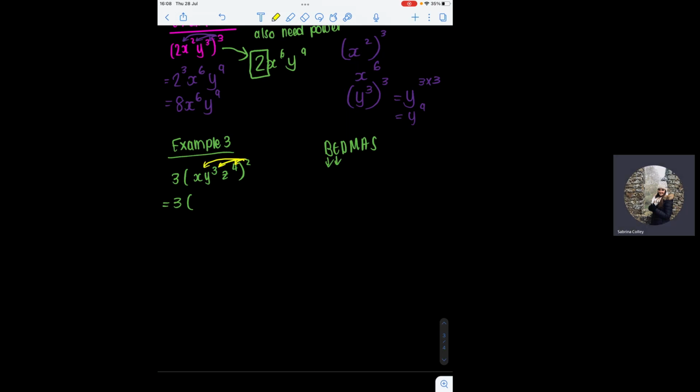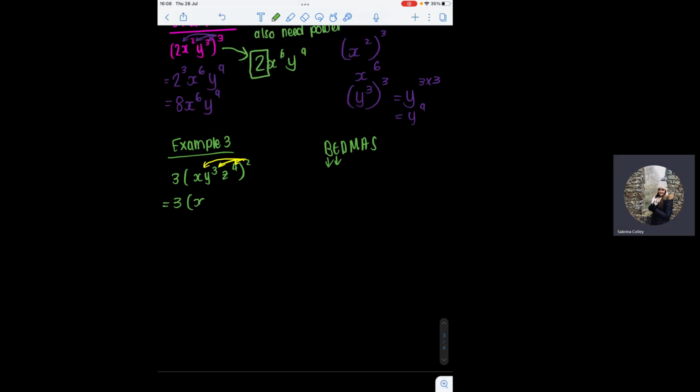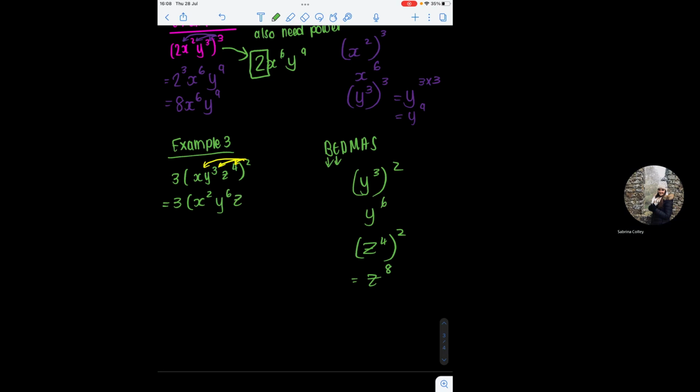The power needs to go to every single one. So then it will be x to the power of 2. Then I've got y to the 3 to the power of 2, which would be y to the power of 6. Then the z, I've got z to the power of 4 and to the power of 2, so 4 times 2 is 8.